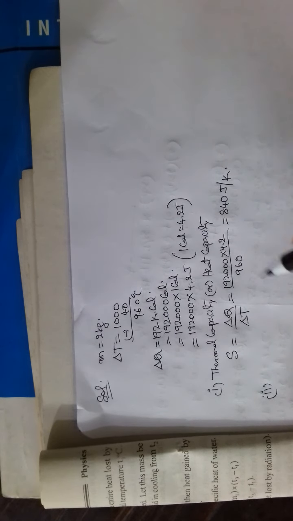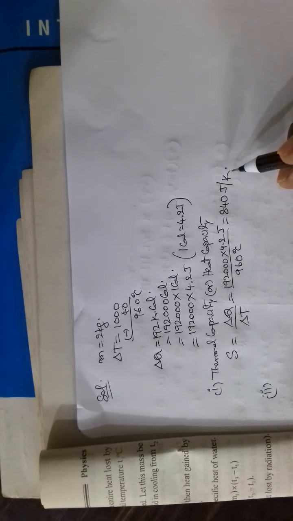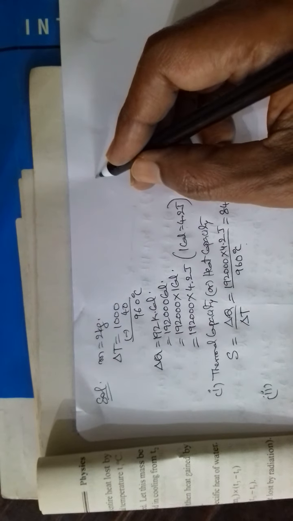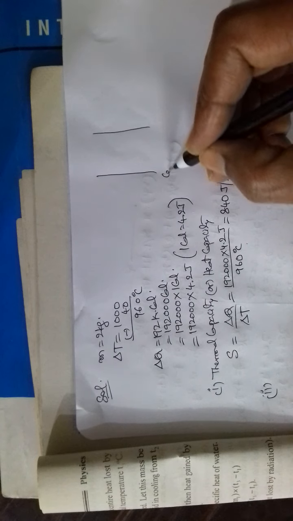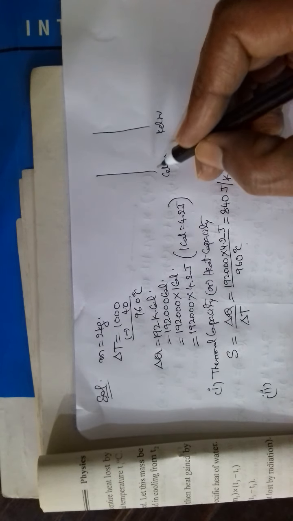Here you may say this is degree centigrade and this is joules, so I should write joule per degree centigrade. But the unit size for Celsius and Kelvin is the same.